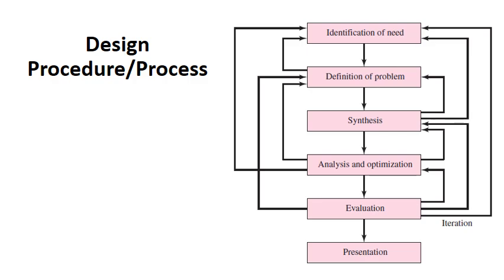See, the statement of need and definition of problem are totally different, because the statement of need is basically vague, right? It is not clear and specific, whereas the statement of problem is very, very specific.